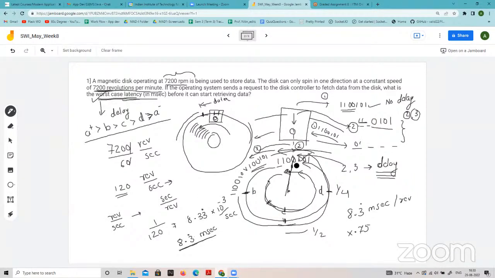Yeah. So see, even if one bit has crossed, you have to disqualify the remaining data, whatever is there. That is why we take the last case, the first case, when it's almost at the end.